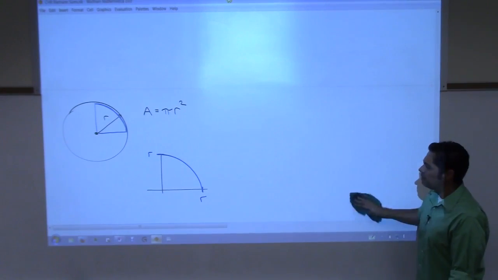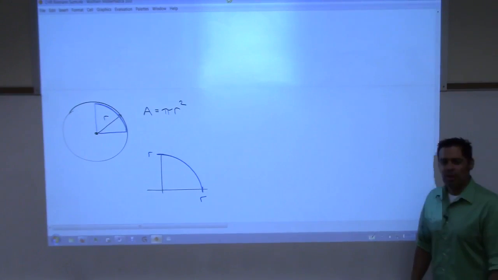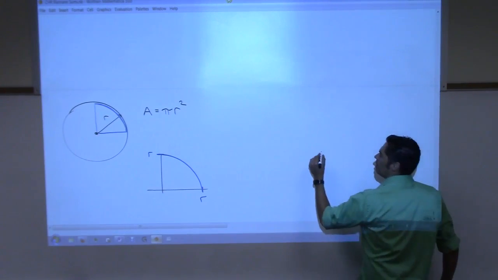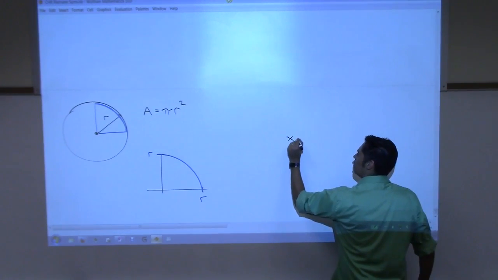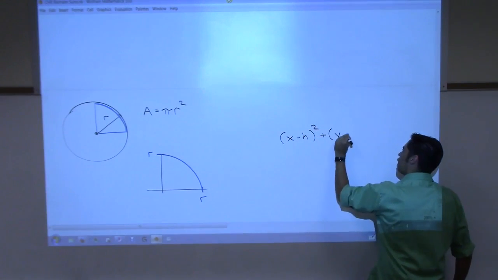The arc length? Yeah, there's a formula for that, right? We'll actually prove where that formula came from later. You have to know what the equation of a general circle is. Say it again? Yeah, okay, that's the one. All right, so we have to know this formula. This was given to us at some point in time.